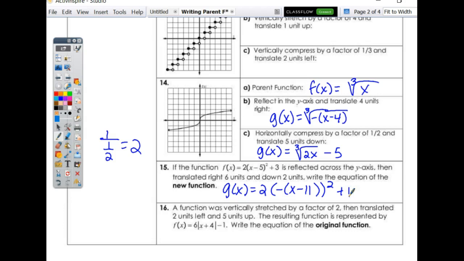Okay, so we started, and this is where we ended, right? So on the last one, this is where I'm going to end up, and I want to know where I started. Okay? So a function is vertically stretched by a factor of 2. So that's my A. So if I'm vertically stretching by 2, that means I multiplied some number times 2, and I ended up at 6. So what did I multiply by 2 to get 6? I multiplied by 3.